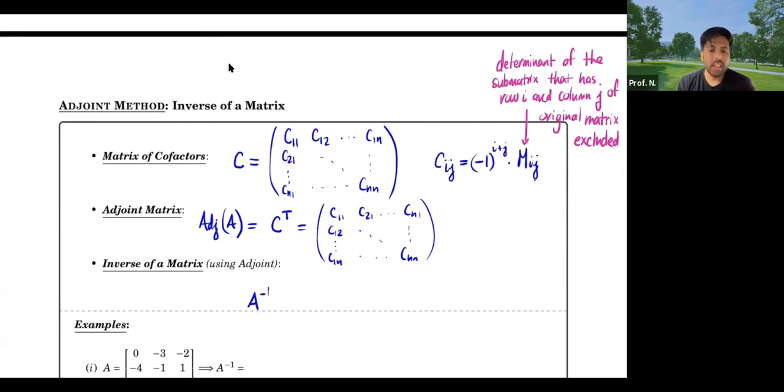But anyways, regardless, how do we use this now? Well, we can find the inverse of a matrix, and this is where determinant comes into play.